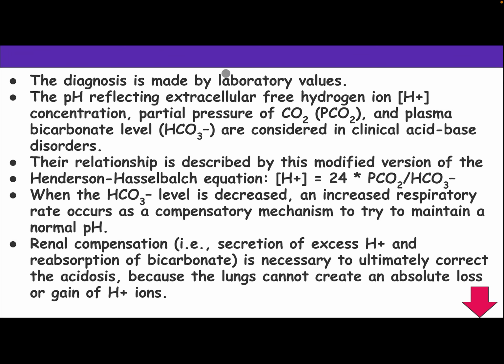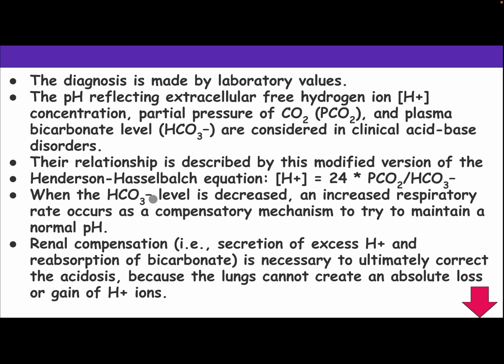The diagnosis is made by laboratory values: the pH, reflecting extracellular free hydrogen ion concentration, partial pressure of CO2, and plasma bicarbonate level, HCO3, are considered in a clinical acid-base disorder. Their relationship is described by this modified version of the Henderson-Hasselbalch equation: hydrogen ion equals 24 multiplied by PCO2 over HCO3.